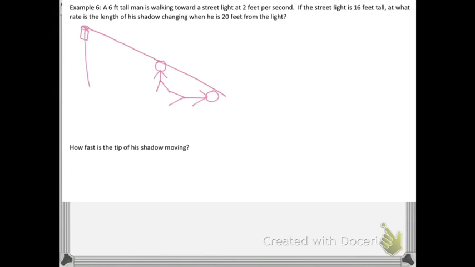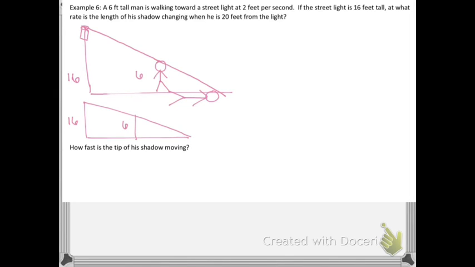Okay, so it says the man is 6 feet tall and the street light is 16 feet tall. So what we have here is overlapping similar triangles. It's kind of a picture of what we have. So we have our man here and our street light here.